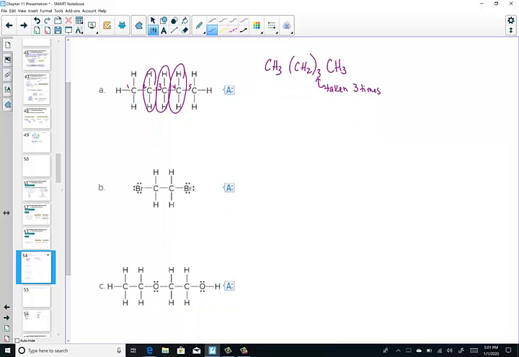In letter B, I have a Br attached to a CH2, attached to a CH2, attached to a Br. Now, can those be condensed further?